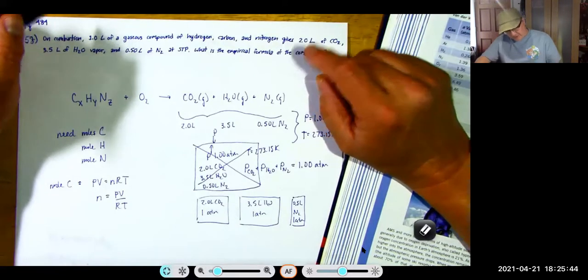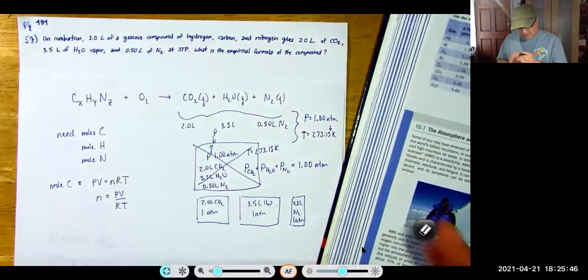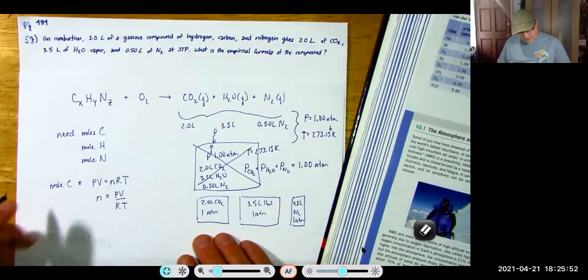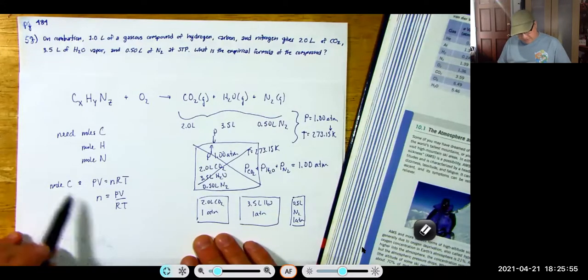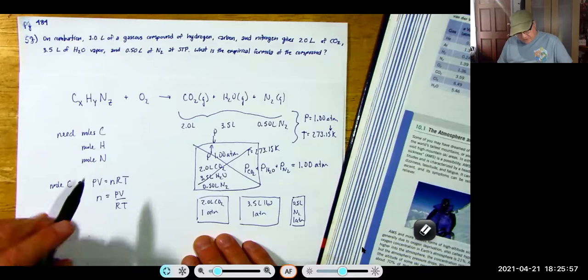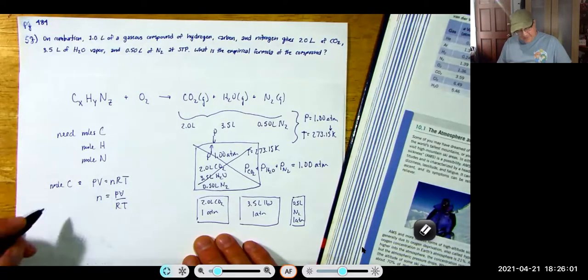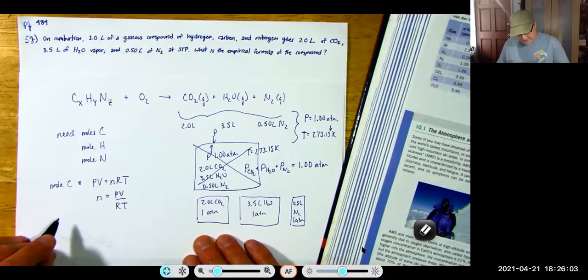Okay, so otherwise, this is just a real nightmare to do. You don't really have enough information to do this. So to get the moles of carbon, we want the pressure, the volume, the R, and the T, right? But here's the deal.